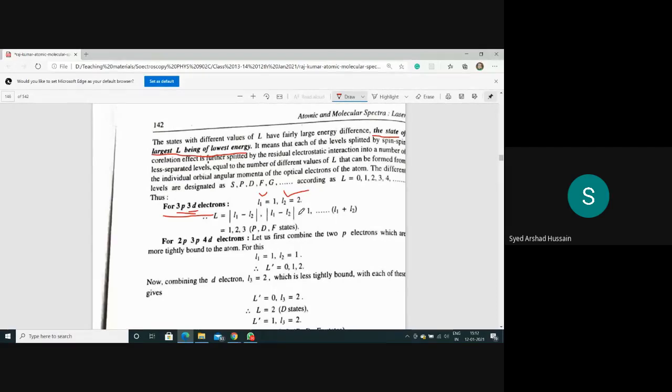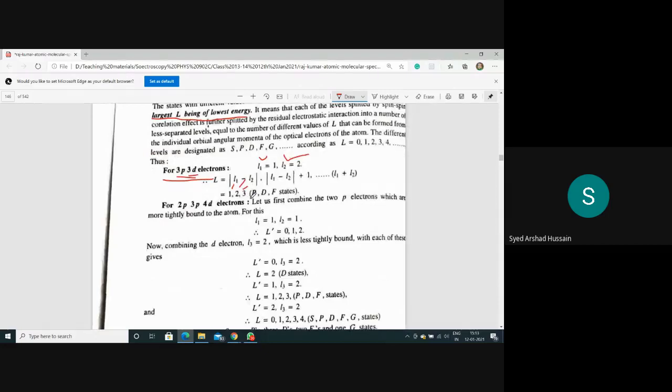So according to the LS coupling scheme, they will interact with each other and result in l1 plus l2, l1 minus l2, l1 plus l2 minus 1, like this. So l1 plus l2 means 1 plus 2, 3. l1 minus l2 means 1. l1 plus l2 minus 1 is 2. Then minus 1 again gives 1. So in between 1 and 3, only one value, 2. So capital L has 1, 2, 3.